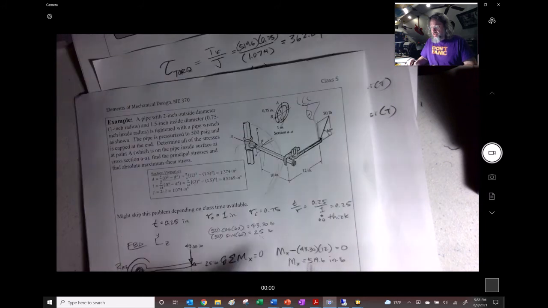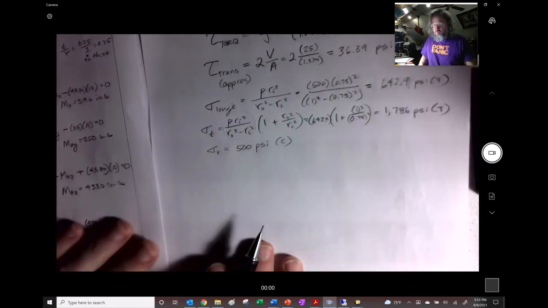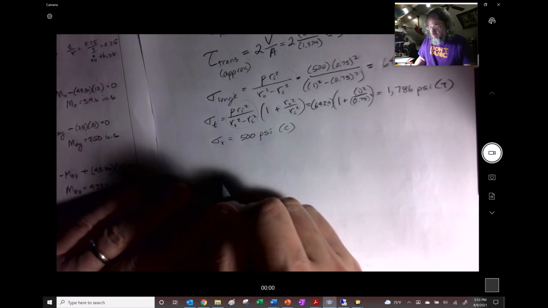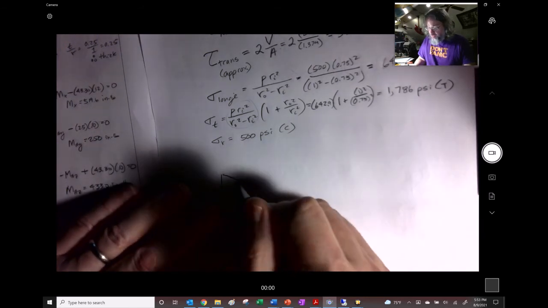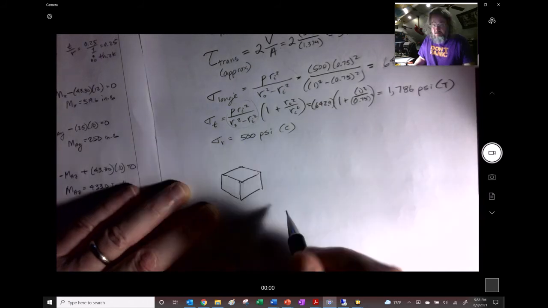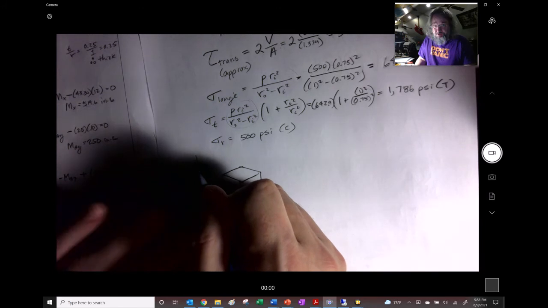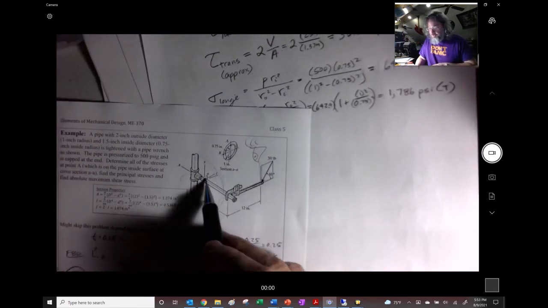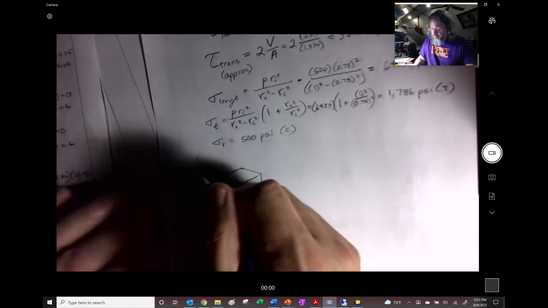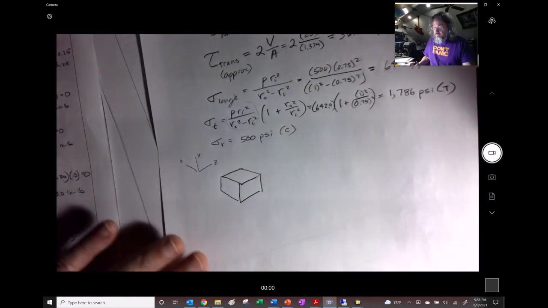So let's go back and take a look at a little section, draw a little square out through there. We'll try to align it with the coordinate axes to keep it straight. This one was really weird because it was going Z, Y, X, Z, Y, X, right?